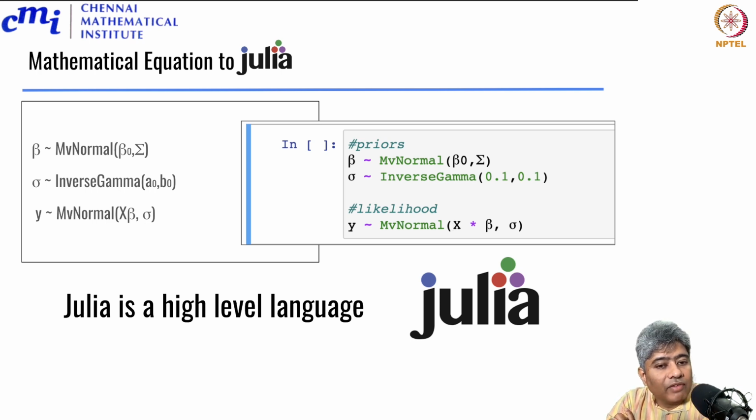Julia is a very high level language, so that makes Julia very attractive. The expressivity, the way I write my mathematical equation on the board or in my notebook, I can write my program almost like that, and that program runs and gives me the correct answer.